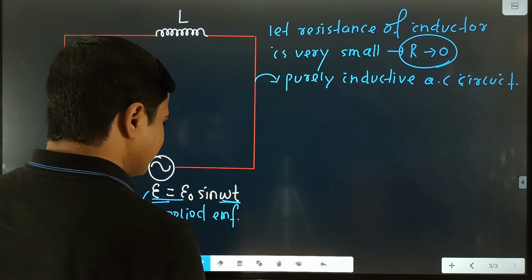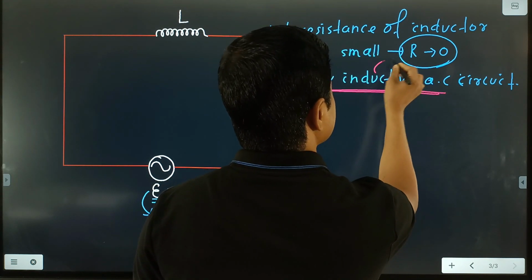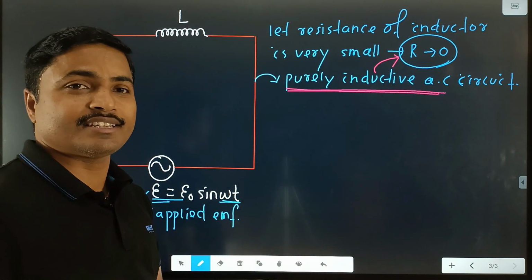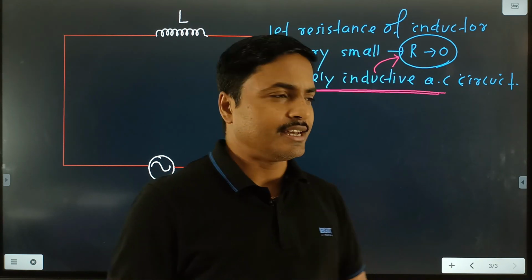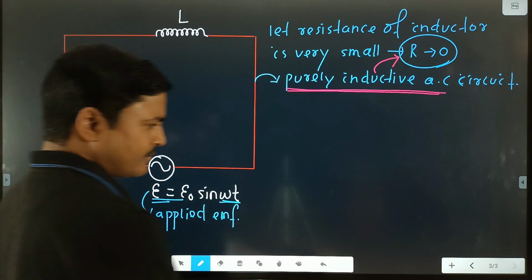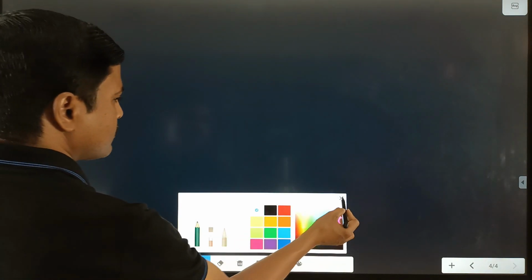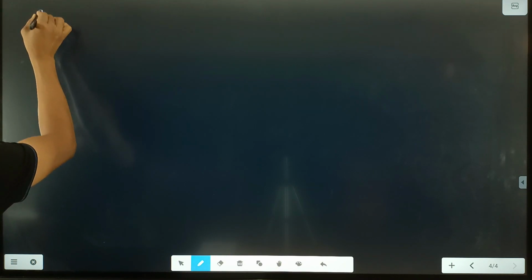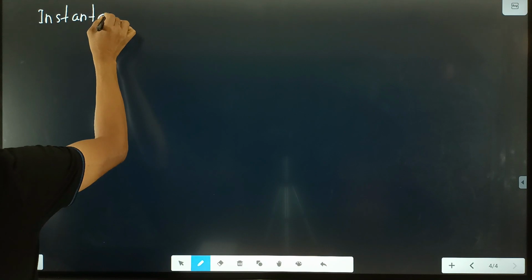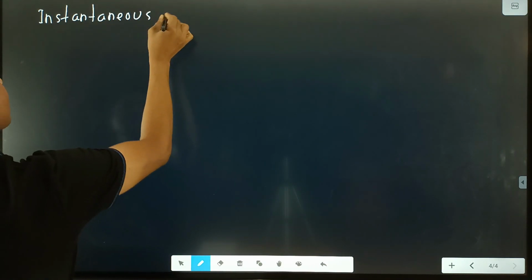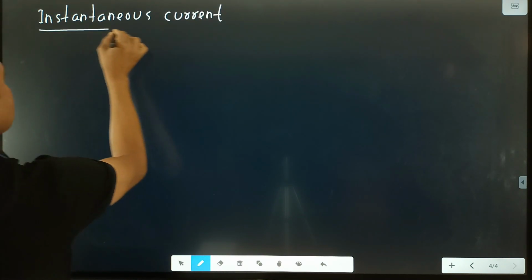Purely inductive AC circuit means its resistance is very small. Resistance is negligible. Clear? Then we will calculate the instantaneous current, that is, the instantaneous alternating current.